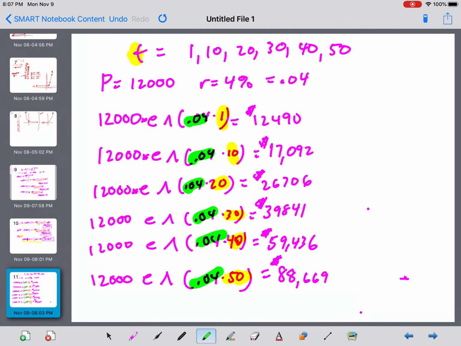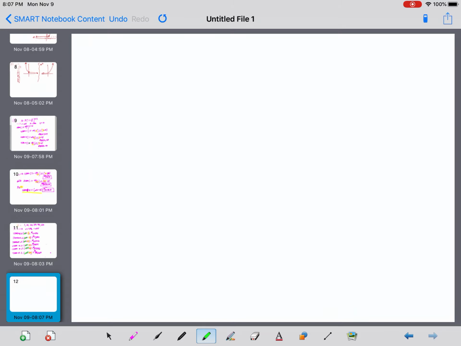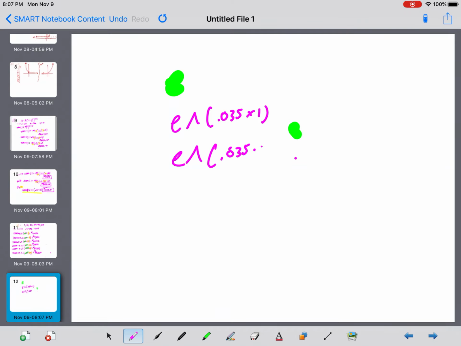12,000 E raised to the 0.035 times 1. I should put times 1 in there. And then it's E raised to the 0.035 times 10 years. And 0.035 times 20 years.